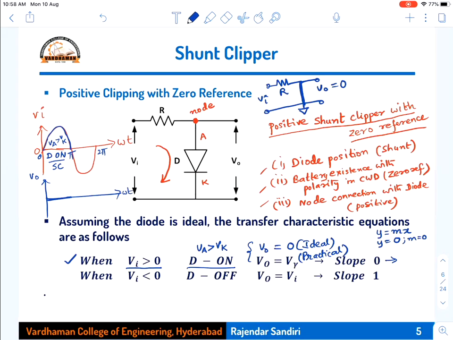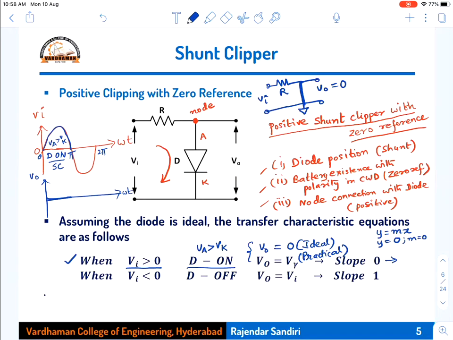Okay. Now the next, the negative cycle. I hope you understood the positive cycle. For the positive cycle of the input, VA is greater than VK. The diode is on. If the diode is on, then if you replace the diode with a short circuit, the output voltage is equal to 0 in the ideal case.